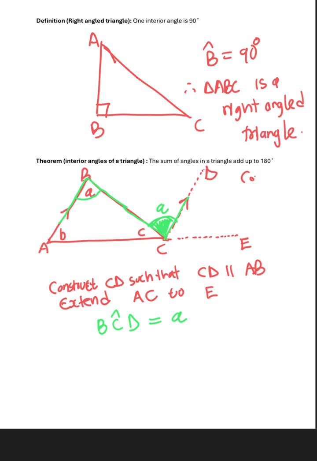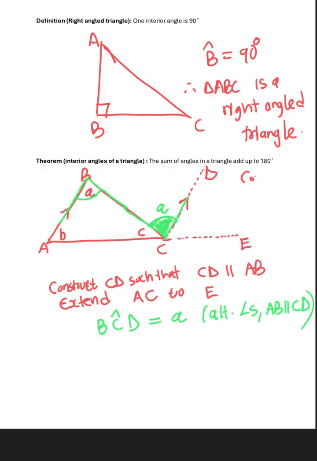Yeah, so angle BCD is equal to A. The reason why this is alternate angles is because AB is parallel to CD.